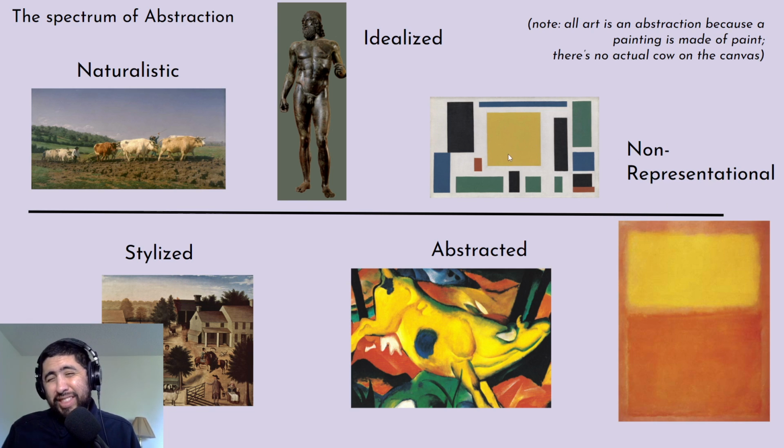This is actually in the middle because this is an interpretation. I don't know if this is the same artist, yeah, this is the same artist. This is basically this artwork broken down into shapes. So you can see the big yellow here, a blue strip right here, green right here.